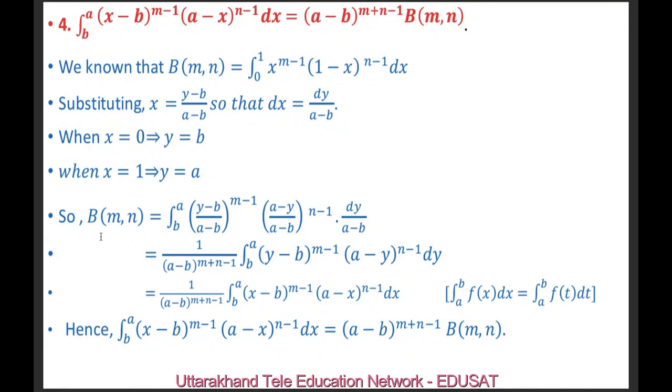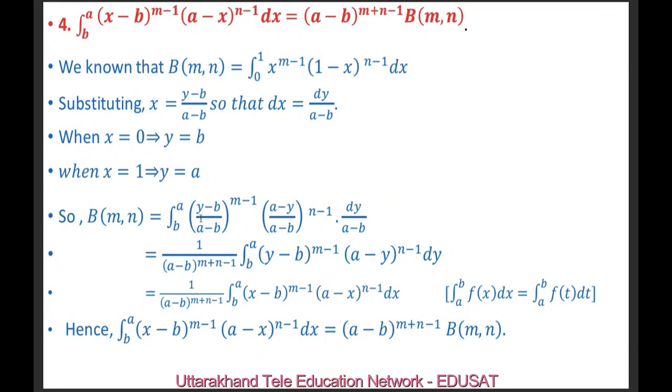So beta(m,n) is equal to, limits earlier were 0 to 1, now these are from b to a. x is (y-b)/(a-b) raised to m minus 1. 1 minus x is nothing but (a-y)/(a-b), power is n minus 1, and dx is dy/(a-b).